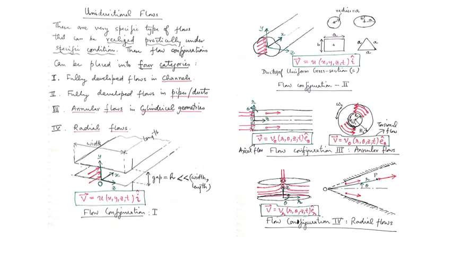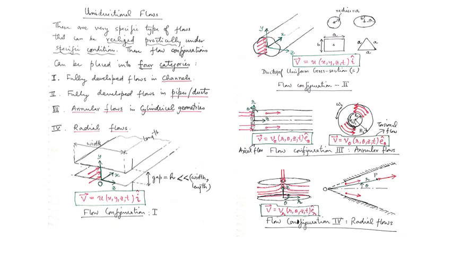After some distance from the inlet, you will find that the viscous layers from the top and bottom actually grow to meet, and once they meet, it becomes a fully developed viscous flow.